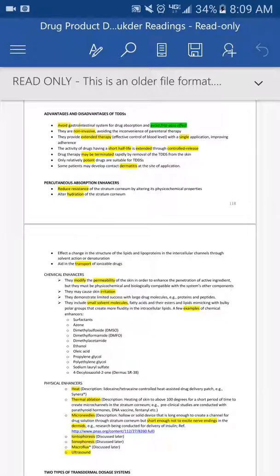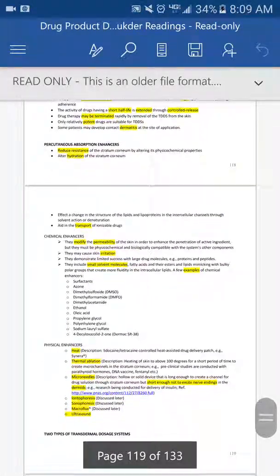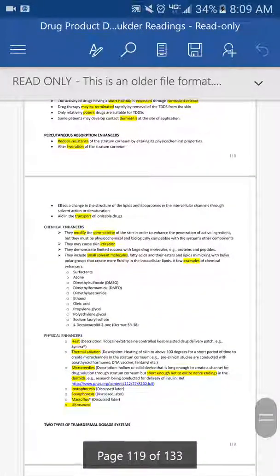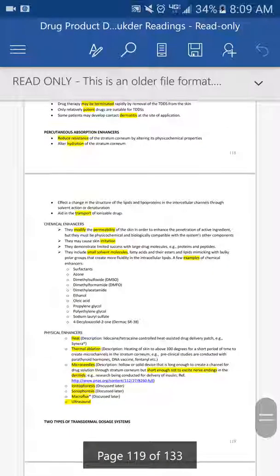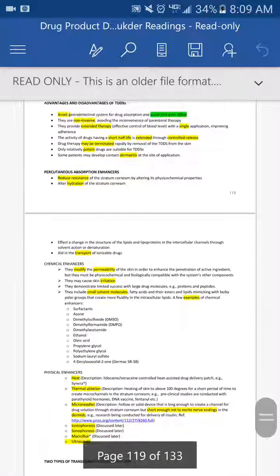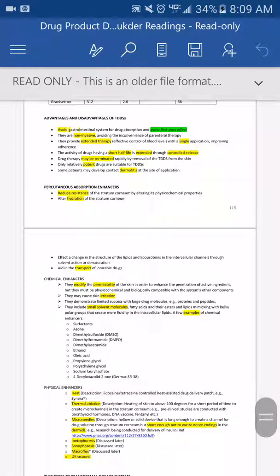They provide very extended therapy with a single application, improving adherence. The activity of drugs having a short half-life is extended through controlled release. So you're extending a short half-life drug through your controlled release through the skin. Drug therapy may be terminated rapidly by removal of the TDDS, transdermal delivery system, from the skin.